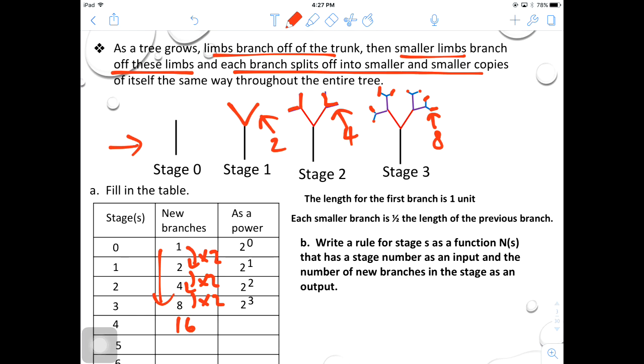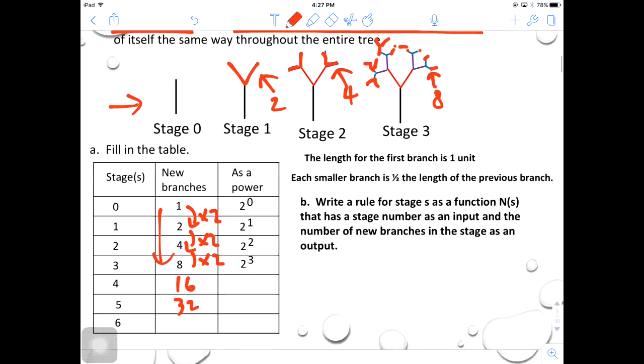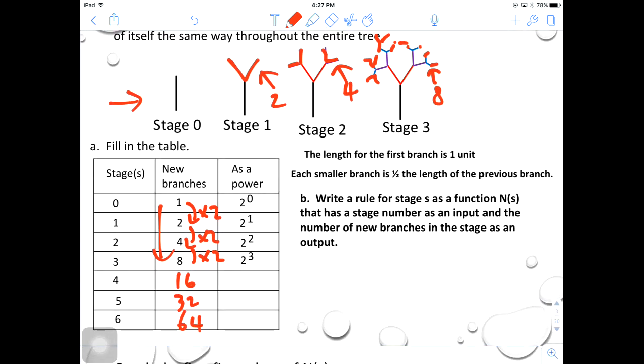So the pattern will just keep going. It'll be 32 and then 64. And if we write this as a power of base 2, this will be 2 to the 4th, 2 to the 5th, and 2 to the 6th power.